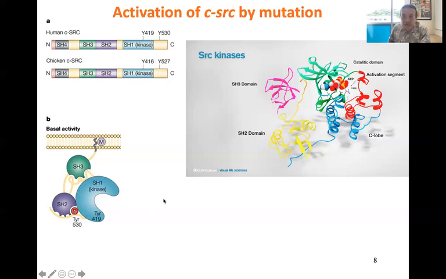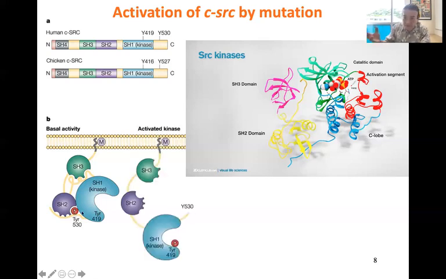If something comes along and removes this phosphate from 530, the protein unravels. And when it unravels, the kinase domain, the SH1 domain, is now available to do its thing. You can see the C-terminal tail that contains the 530 is now sticking up out here, because it's no longer phosphorylated.